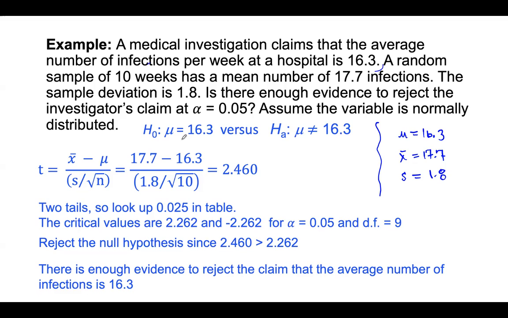The null is that they're the same, which is always what we write, versus that they're different. So this is therefore going to be a two-tailed test. And we calculate the test statistic with the information that's given: x bar minus mu divided by s divided by square root of n, and we calculate 2.460.